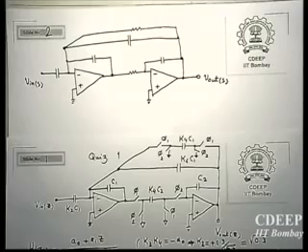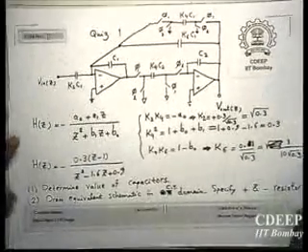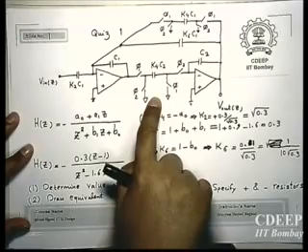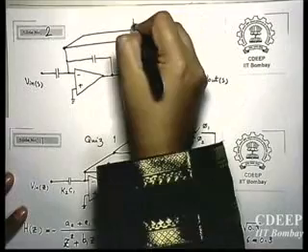So this is the equivalent circuit, only the question was which resistor is negative. As you can notice, this is positive, this is negative, right? Look at the phases. So this is our positive.